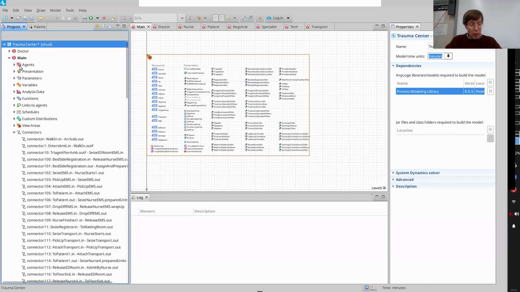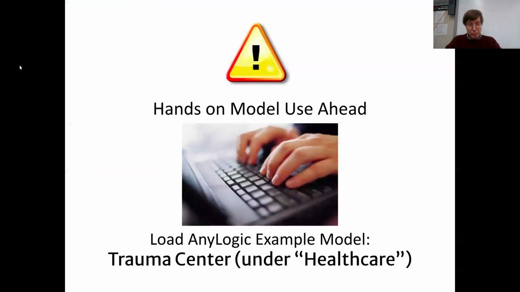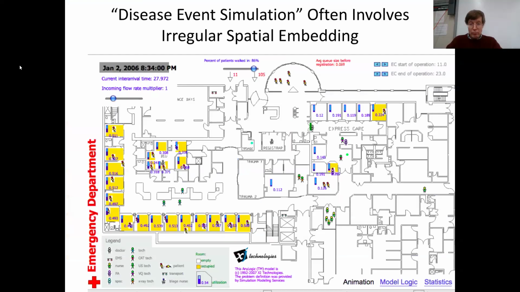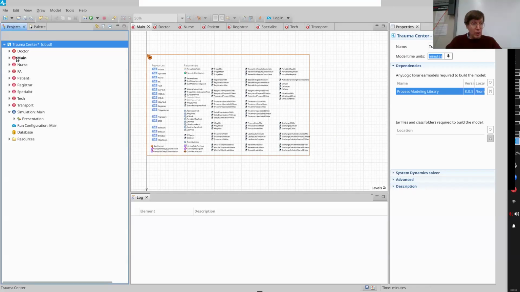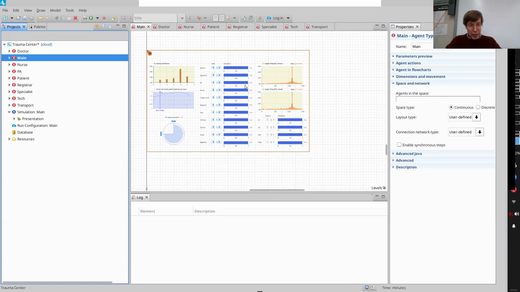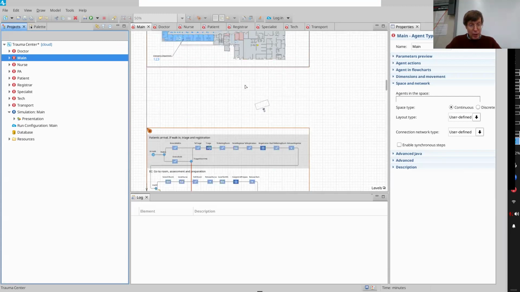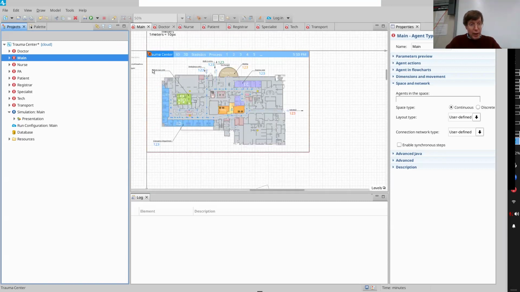This model is going to characterize a facility, and we'll see that the facility, not surprisingly perhaps, lives in Maine in this overall environment. That much it has in common with agent-based models.